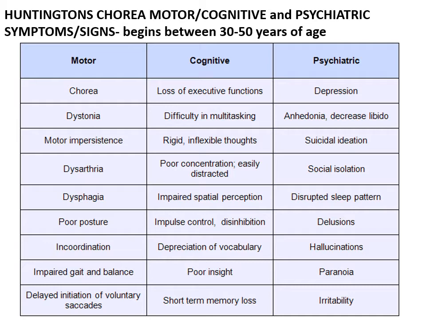Okay? So there are motor changes. They have difficulty controlling motor movements, and that's where the term chorea comes in. It's these uncontrollable movements of their arms and legs and their facial muscles. Dystonia means dystonic movements. The muscles are tight and stiff.